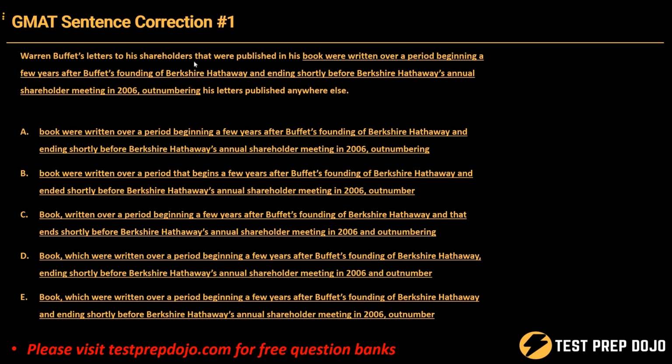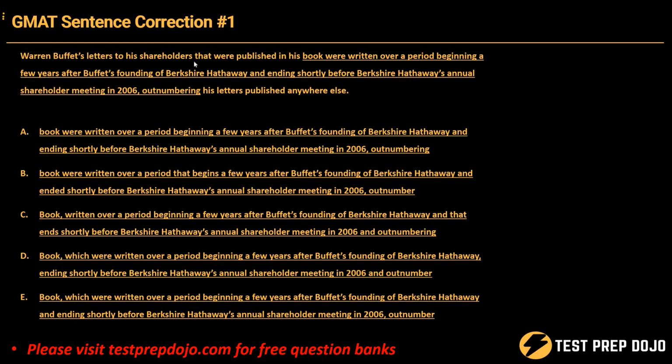As we know, a that modifier essentially takes items that are part of a larger population, in this case Warren Buffett's letters to his shareholders, and it restricts that larger population to a subset of it. So the sentence is not about Warren Buffett's letters to his shareholders, it's about the subset of those letters that were published in his book.